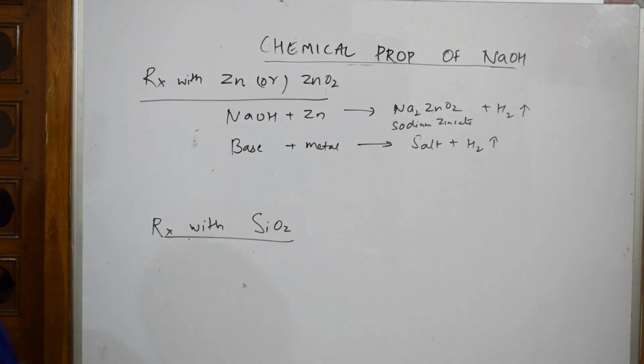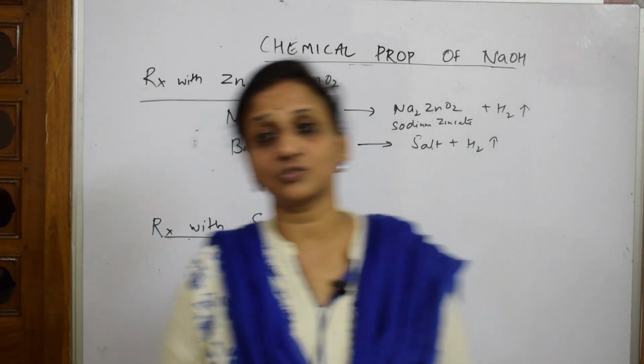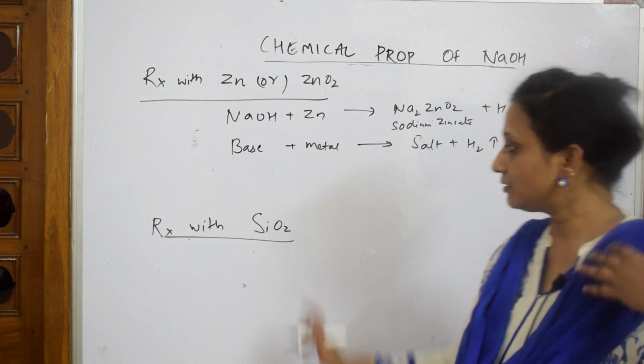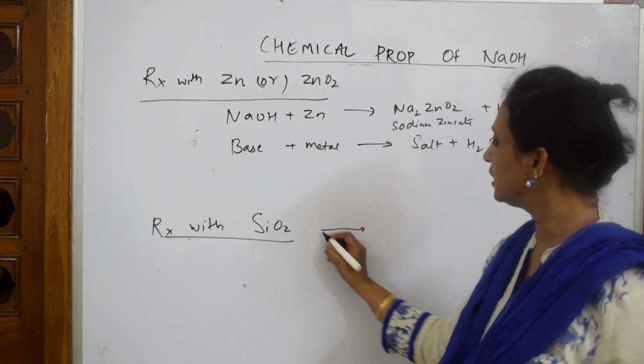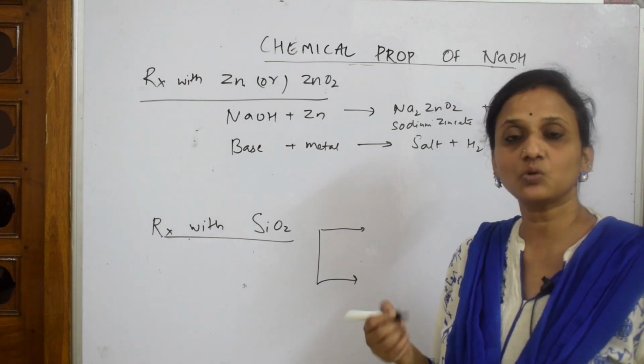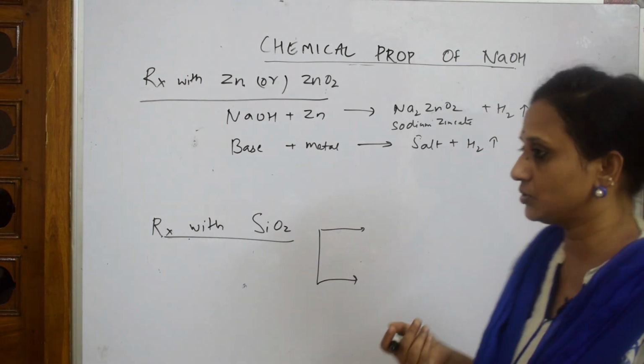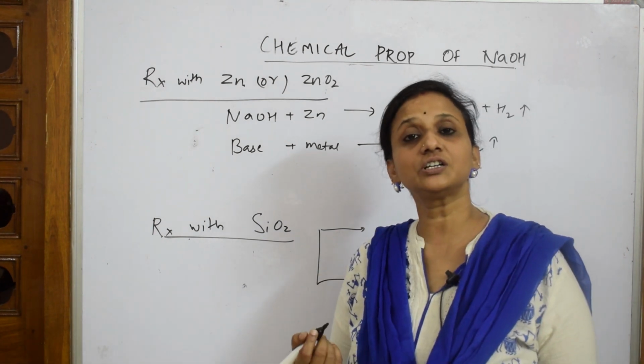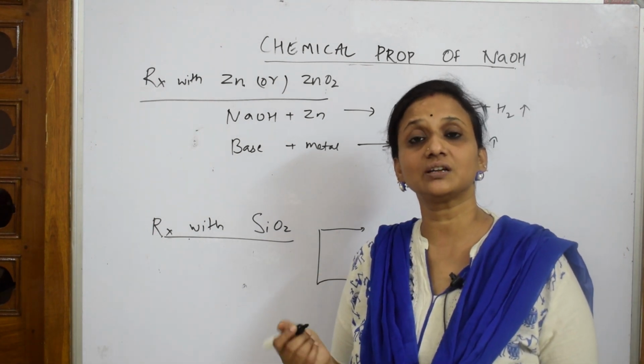Now, when I come back to the reaction with silicon dioxide, or silica, sand, there are two conditions. The first condition is, they may ask you directly, what will happen when hot and concentrated sodium hydroxide or caustic soda reacts with sand?